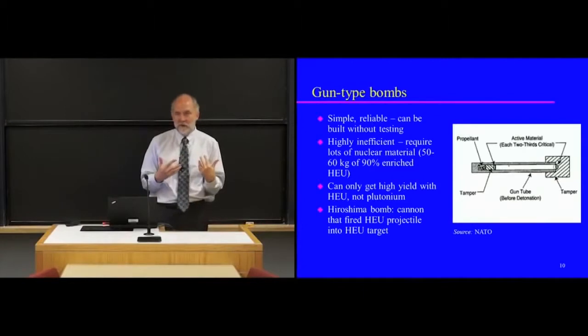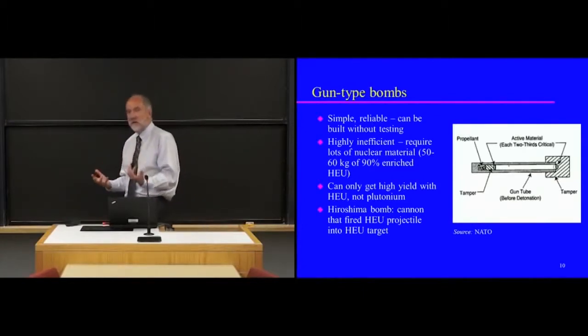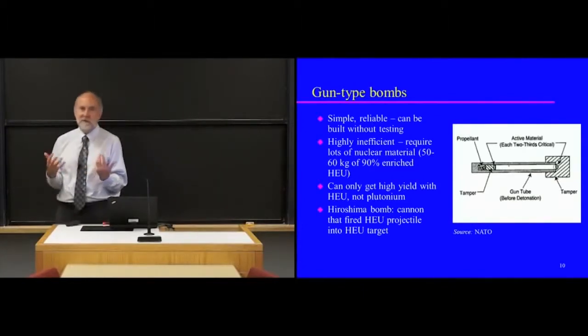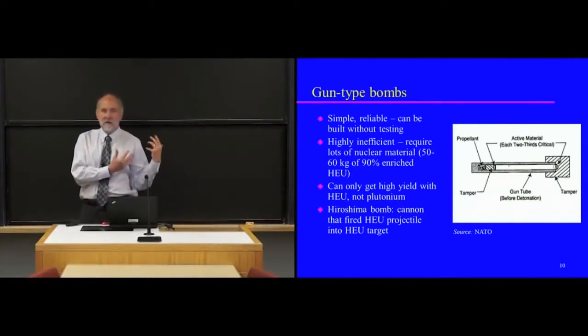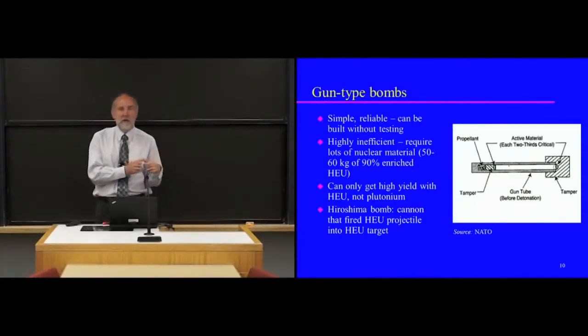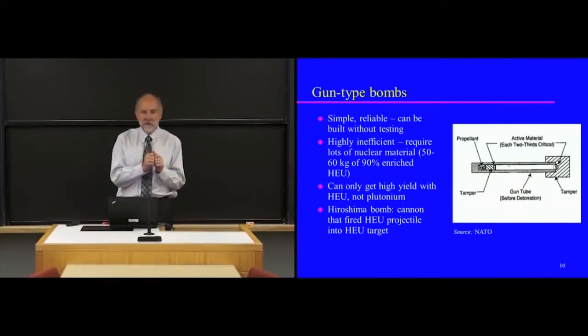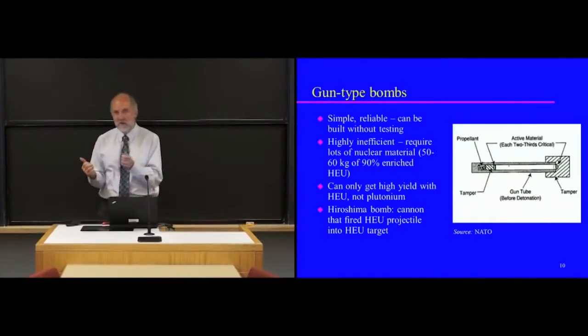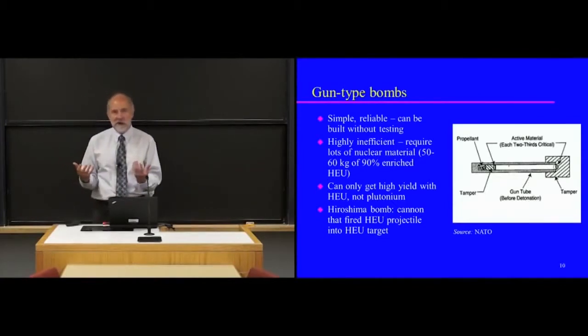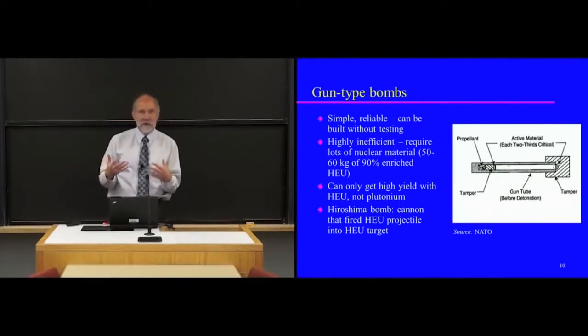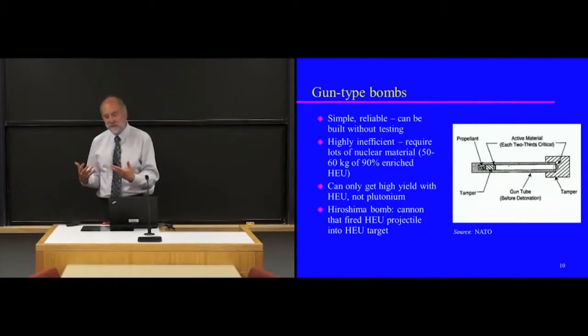With a gun-type bomb, you can only get a good yield with highly enriched uranium. You can't get a good yield with the other nuclear material we'll talk about, which is plutonium. Why? Because plutonium falls apart much more than highly enriched uranium does. So there are a huge number of neutrons flying around when you have plutonium, even if you have quite good plutonium.